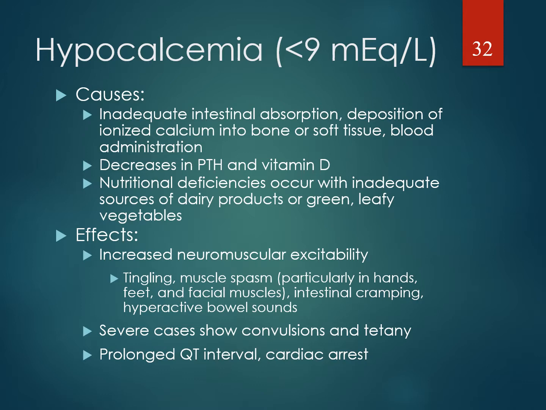So, inadequate intestinal absorption of calcium or vitamin D, the deposition of ionized calcium into bone or soft tissue, blood administration, a decrease of PTH or hypoparathyroidism, alkalosis from increased blood pH, and renal failure. Nutritional deficiencies occur with an inadequate source of dairy products or green leafy vegetables.